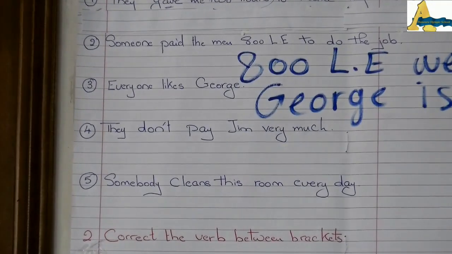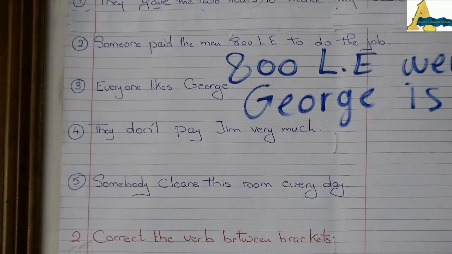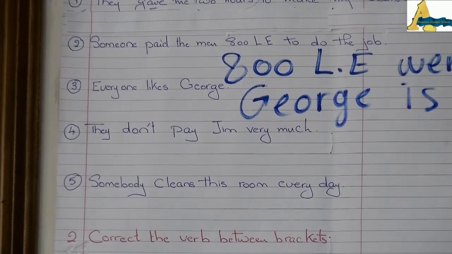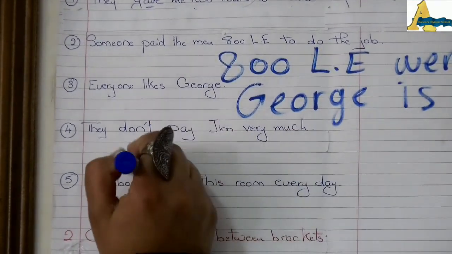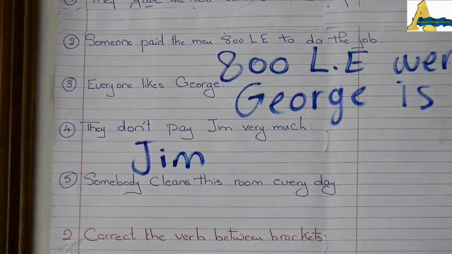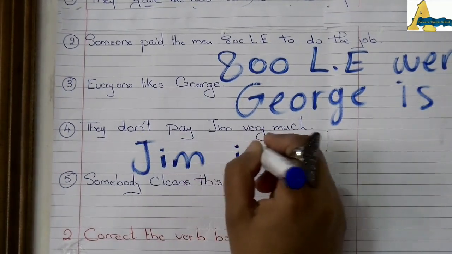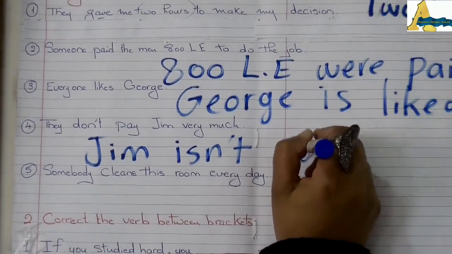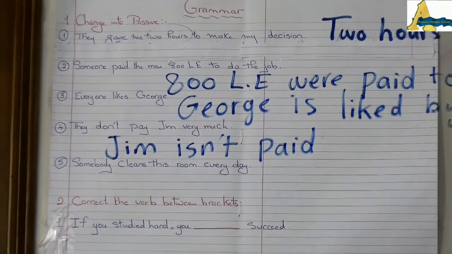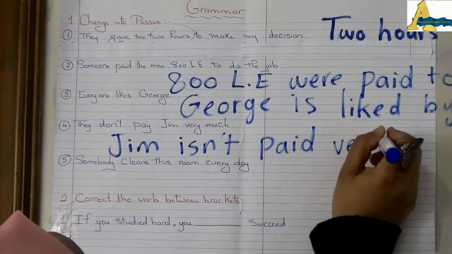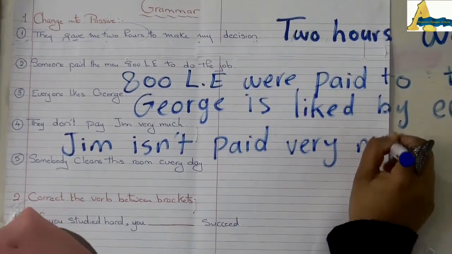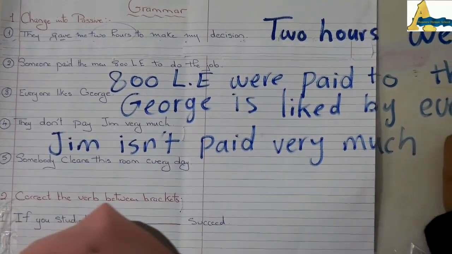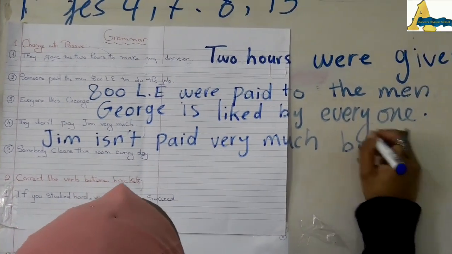What is the object of this sentence? Excellent. It's Jem. So Jem isn't paid very much by them.